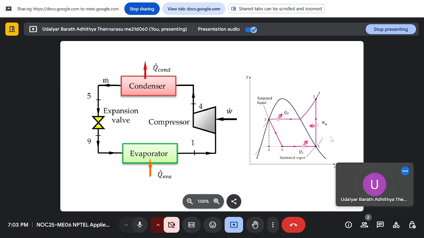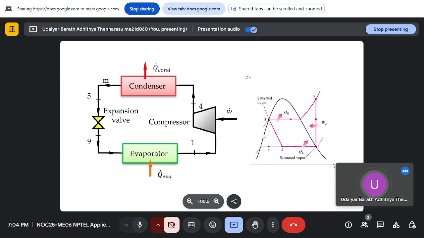So 1 to 2 you are having compression, and then 2 to 3 you are having heat rejection, so you are condensing it back. Then 3 to 4 ideally it should have been a constant entropy expansion, but since we saw multiple instances of two-phase cases in the turbines, and how we want to avoid it, the same case is here with the compressor.